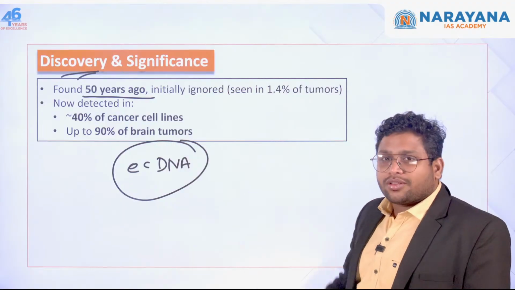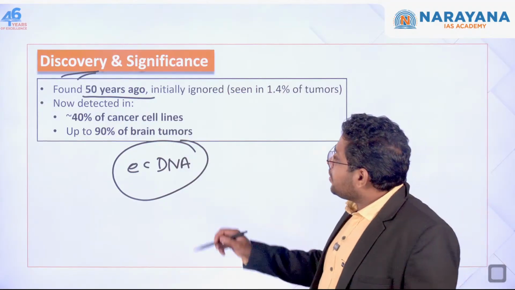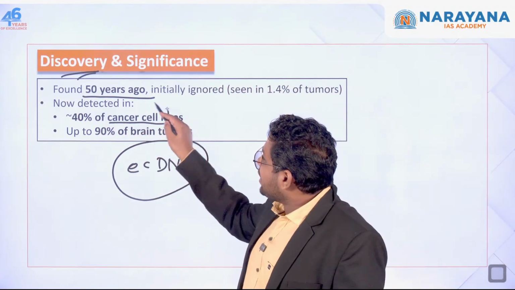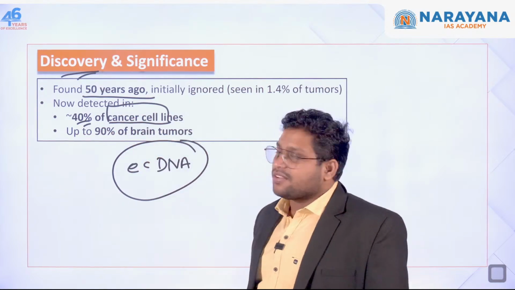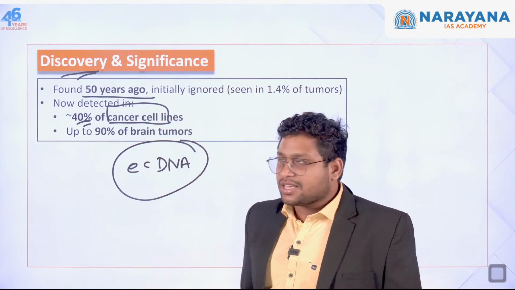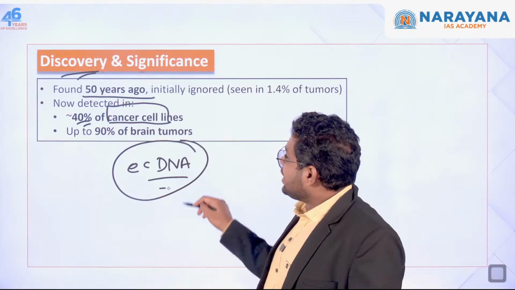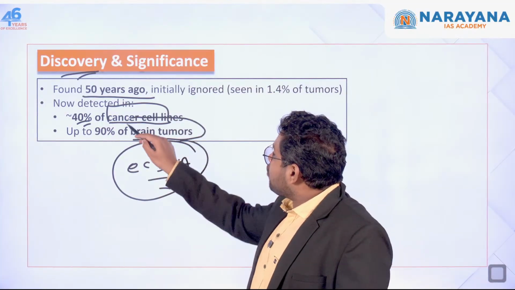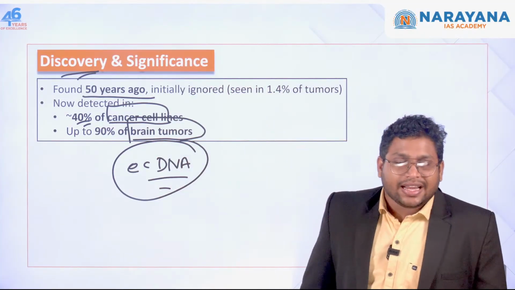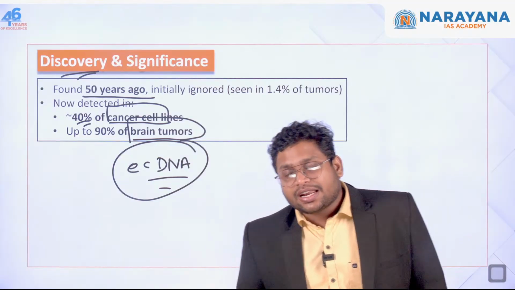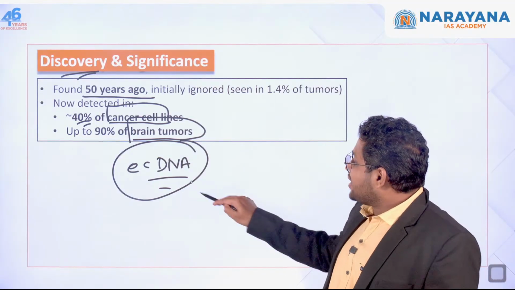But later on, it was found that among people who are suffering from cancer, in about 40% of the cases we saw this ecDNA in the cancer cells. Among people suffering from brain tumor, in 90% of the cases we observed that there is ecDNA.